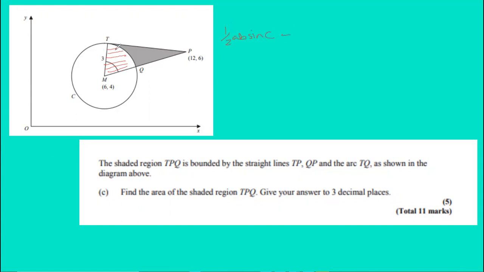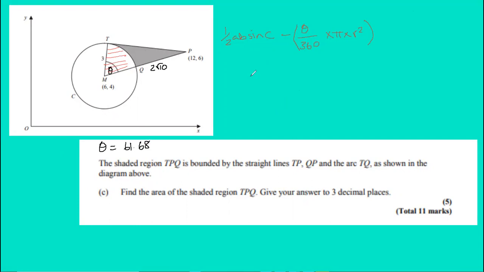And then I can subtract the area of this sector, which I know is just theta over 360, and I put some brackets here, times by pi r squared. Okay, so I'm just writing out my formula so that you can see what I'm doing. So we know this length here, M to P, is 2 root 10. We know what the angle is, so I'm just going to write this here. Theta was 61.68.